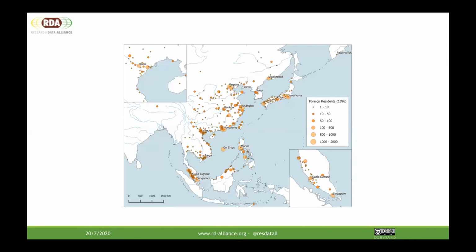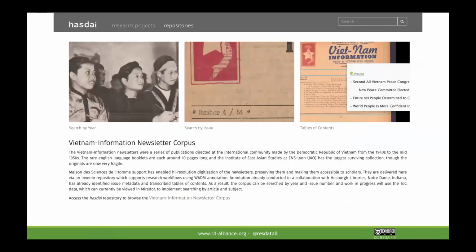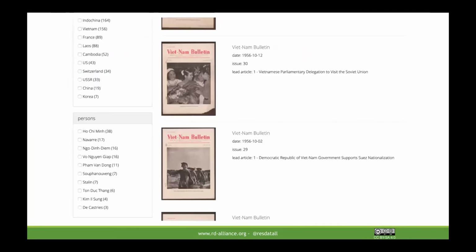And those annotations can be consumed by a whole variety of different external applications such as GIS. And here's an example of the Vietnam information repository that was generated from this, which is now possible to access via Elasticsearch.